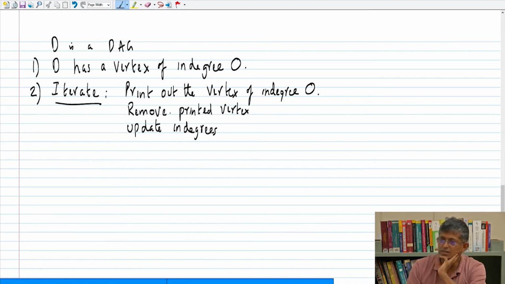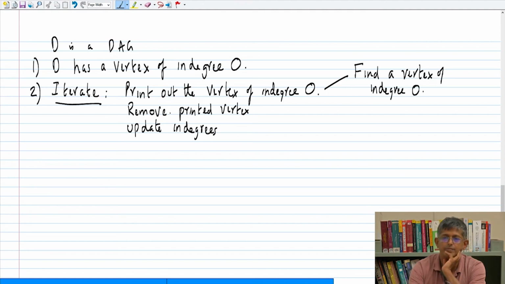Fine. So how much time does this basically take? Let's just look at this. Now you have to find the vertex of in degree 0. How can you do this?